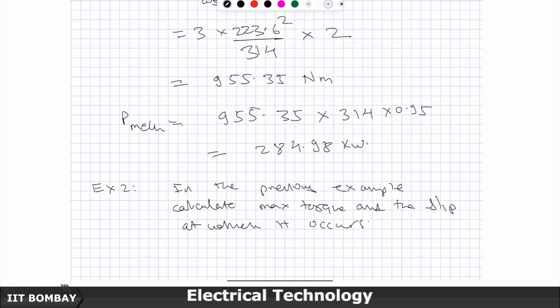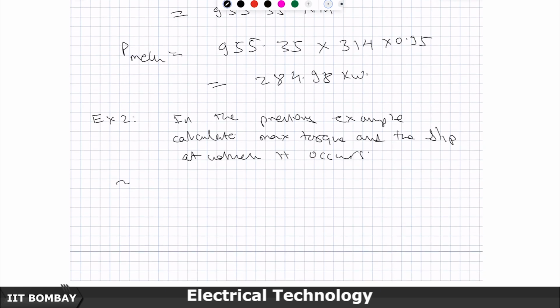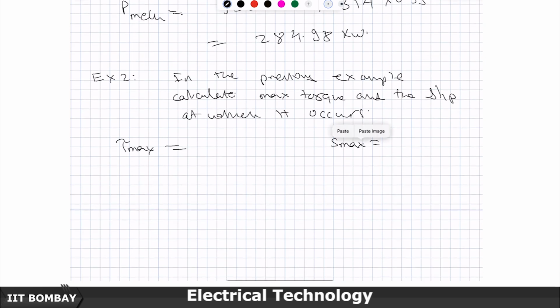Let us try to work this out also. So, in other words, we have to calculate T max and we have to calculate S max. S max is the slip at which maximum torque occurs.